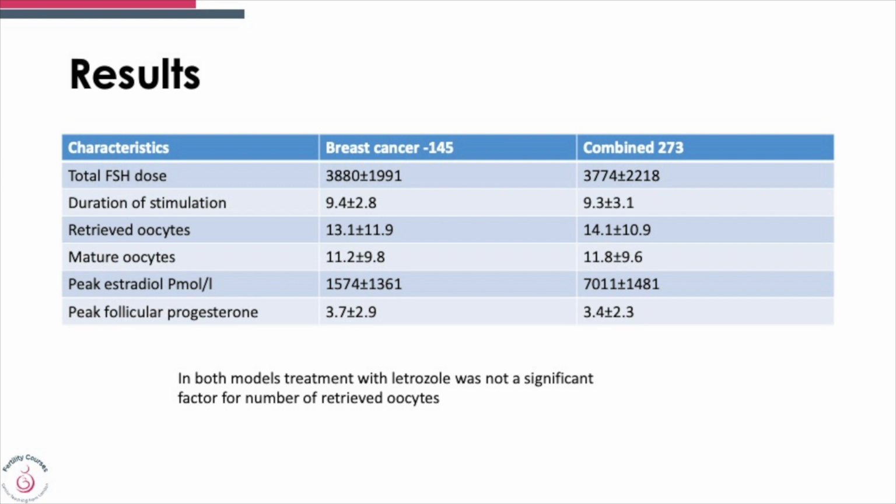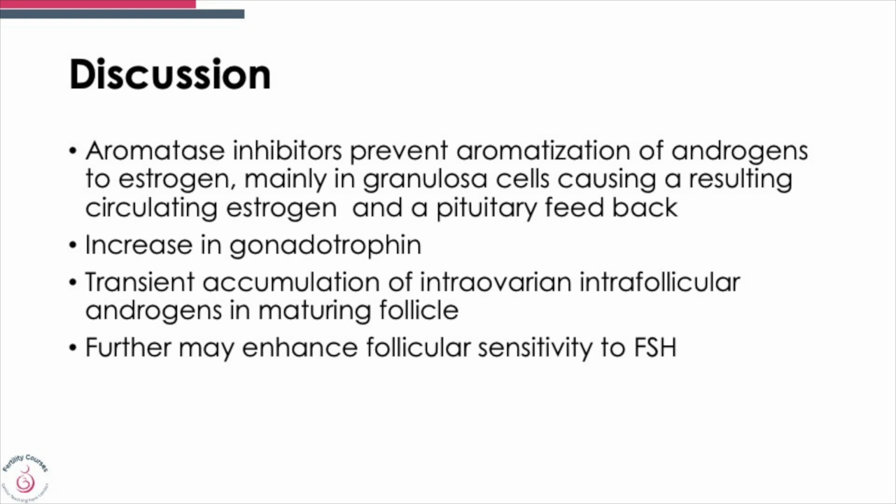So what do we know? We think that aromatase inhibitors prevent aromatization of androgens to estrogens, mainly in the granulosa cells, causing the resulting circulating estrogen to be low and a pituitary feedback, so it increases the gonadotrophins.